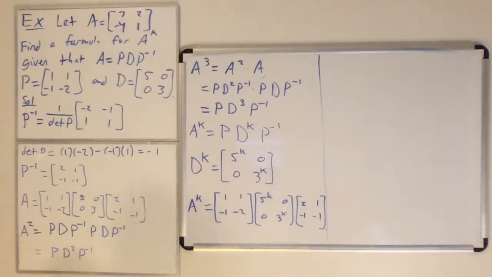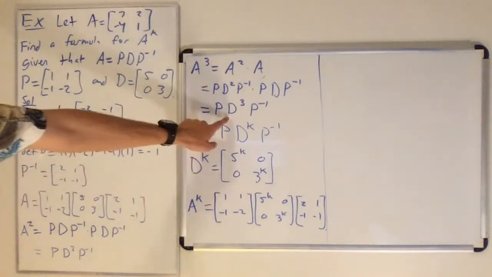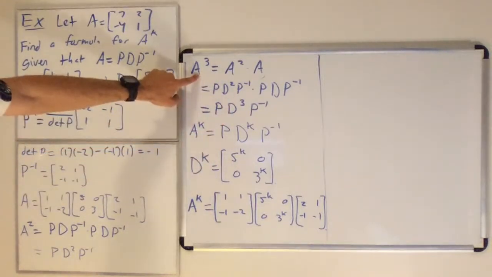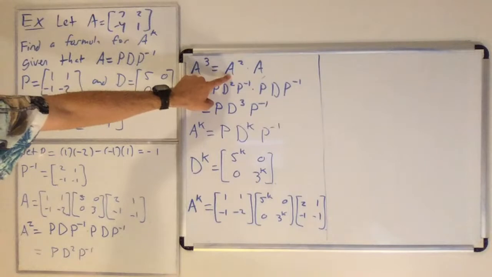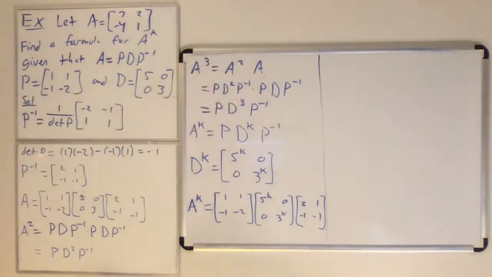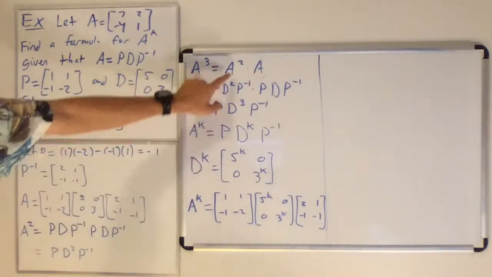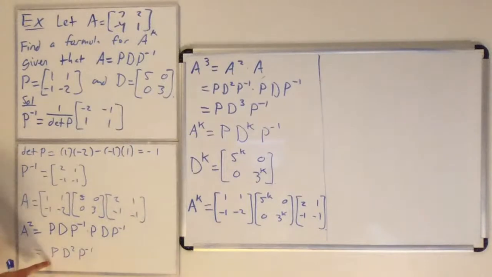Okay, I'll pause for a second to answer some questions. How do you get P D to the third P inverse? Here. To get A to the third, that's the same thing as taking A squared times A. We saw that A squared is the matrix P D squared P inverse.